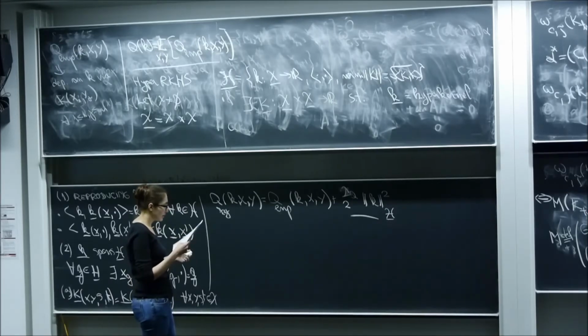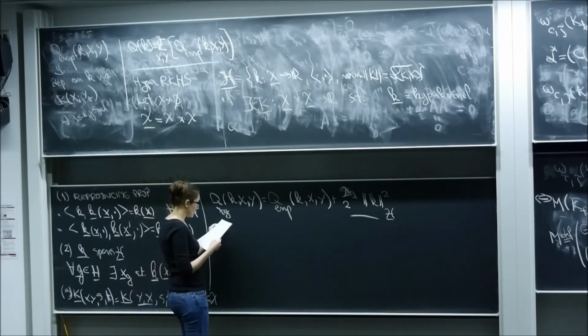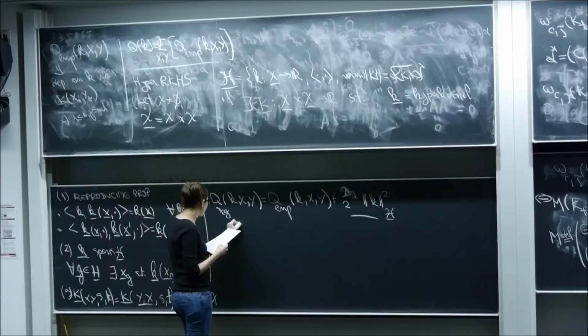And so the representer theorem for hyper RKHSs says that each minimizer of the quality functional admits a representation of the following form.